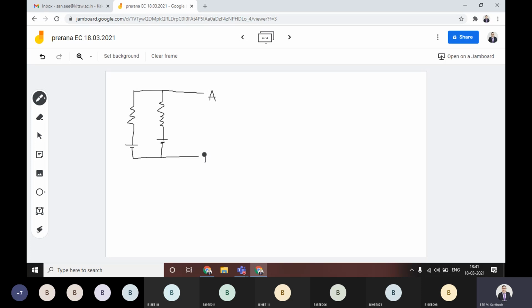This is A and this one is B. 6 ohm, 3 volts, 4 ohm, 2 volts. You have to find the value VAB. Your time starts now.